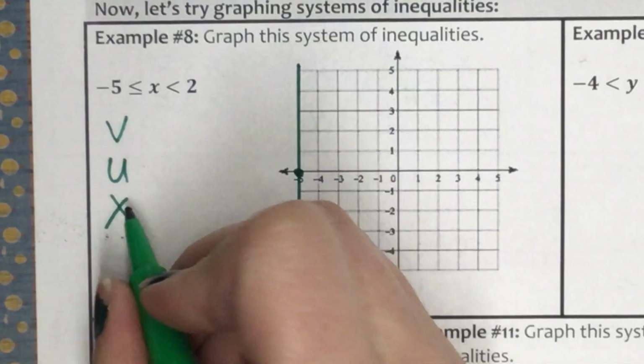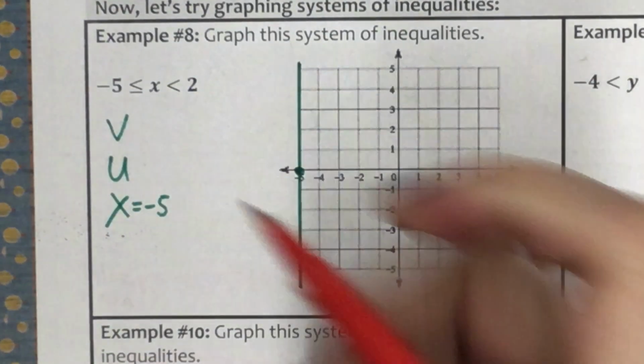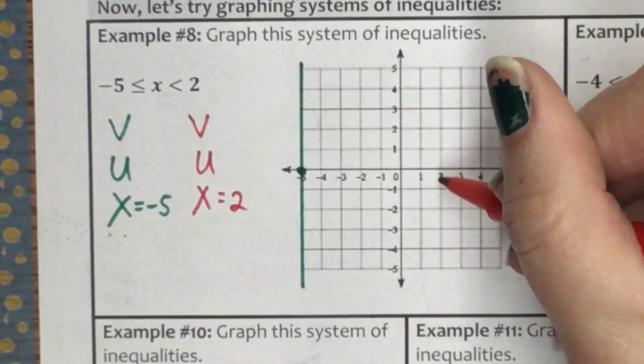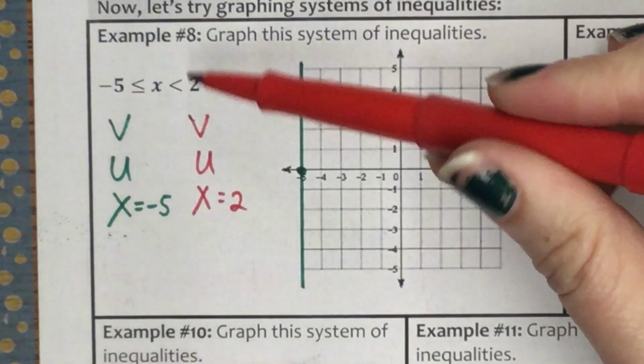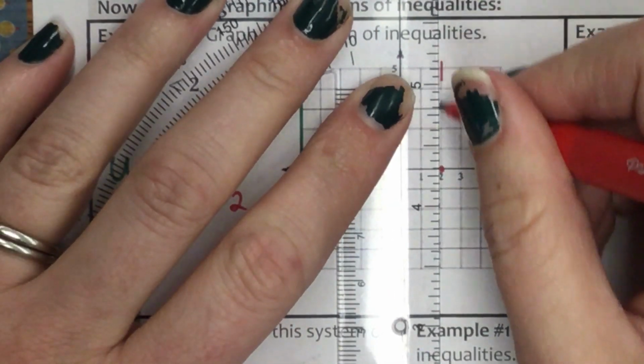Second one, at +2. It is another vertical line, x equals +2 this time. It's going to be a dashed line because there's no equals with 2. So dash that line.